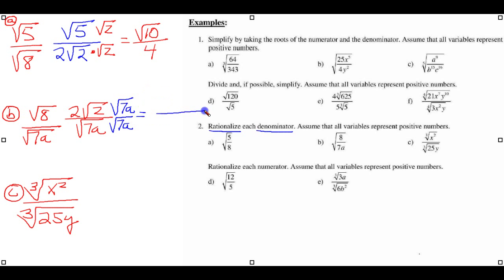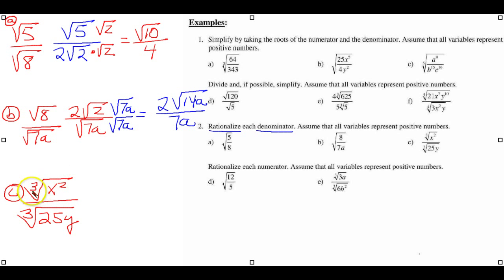So our top will become 2 the square root of 14a, and our bottom just becomes 7a. So it's 49a squared, which is that. So anytime you have two radicals that are the same to the second power here, it just becomes that.